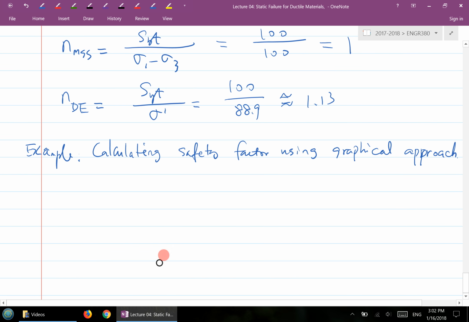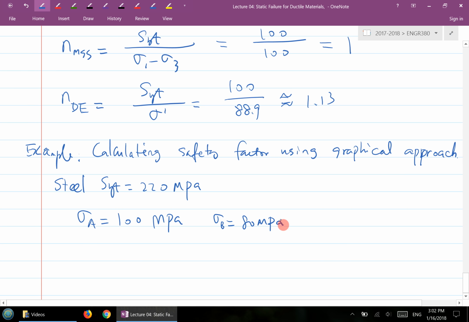You're given, for example, a certain material, for example 220 megapascals, and then you also have the loading condition or stress element, and we want to know what n equals, using MSS theory.